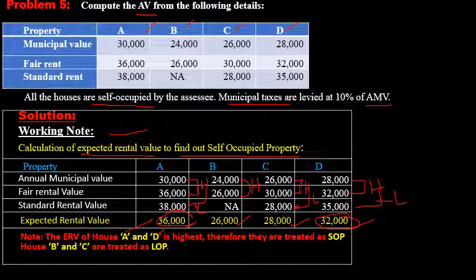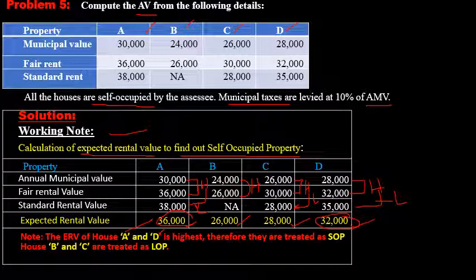The first two house properties carrying the highest expected rental value are considered as self-occupied properties. So while you are comparing the expected rental value of all the properties, the first property carries 36,000. Next one is property D, that is 32,000. Next comes property C and next comes property B. So first two properties A and D carry the highest expected rental value.